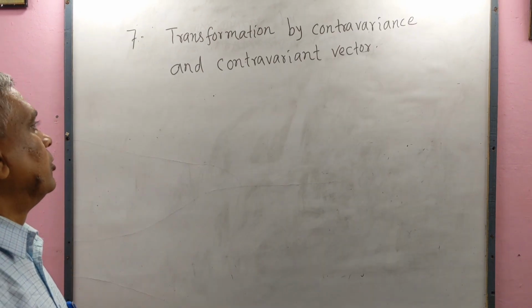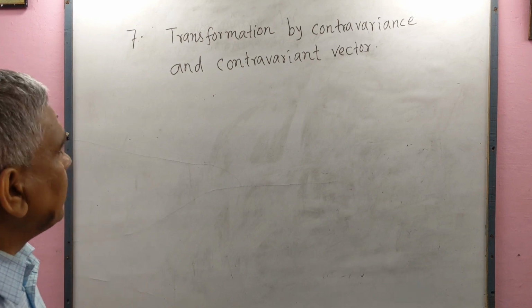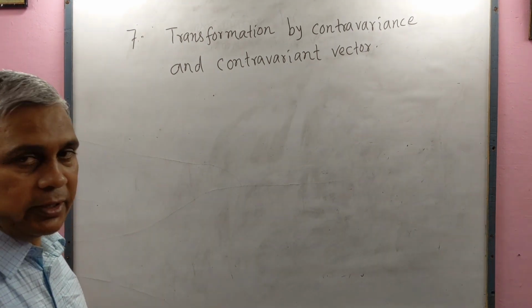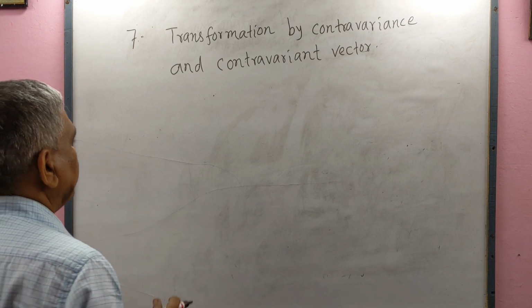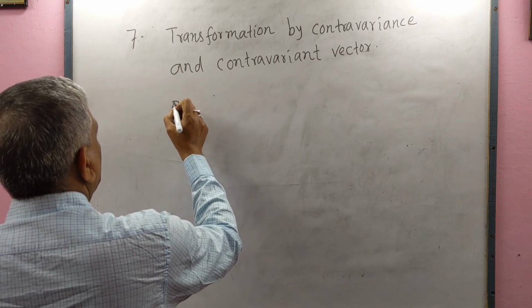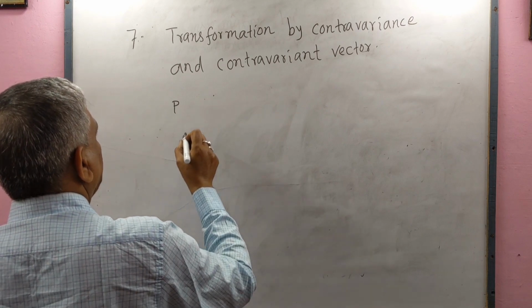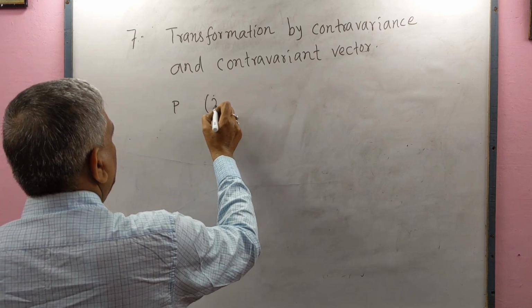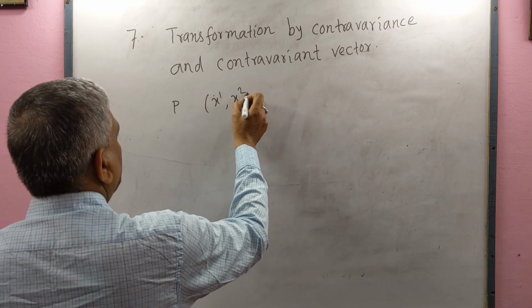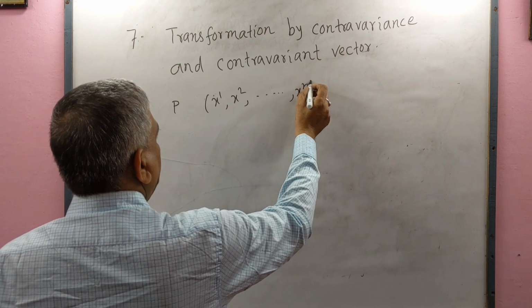Now we will discuss the transformation by contravariance and the contravariant vector. Let the coordinates of a point P in the X system of coordinates be x1, x2, ..., xn.